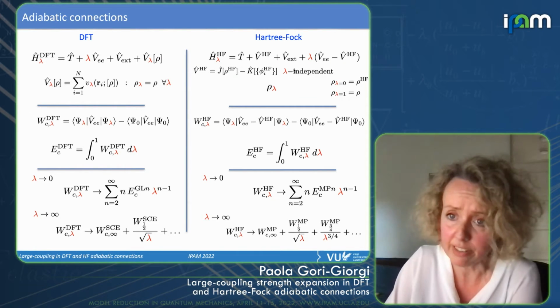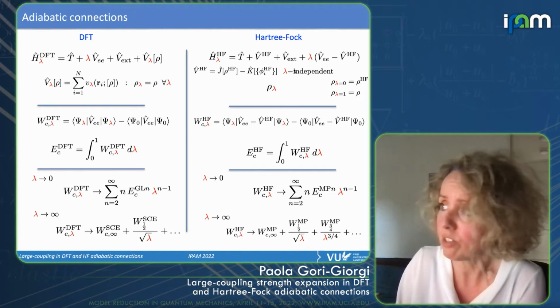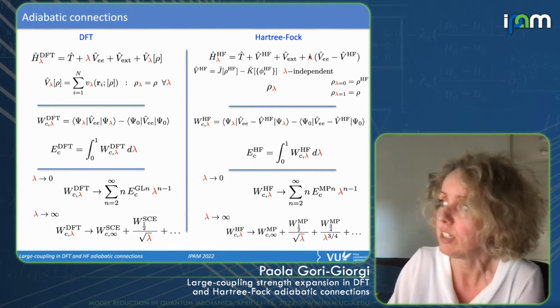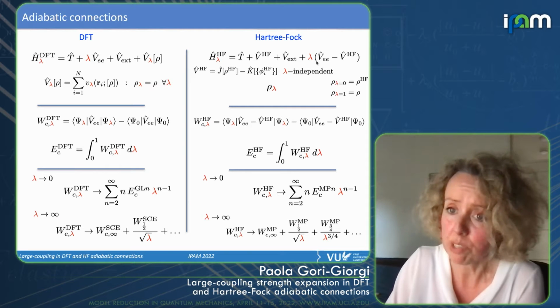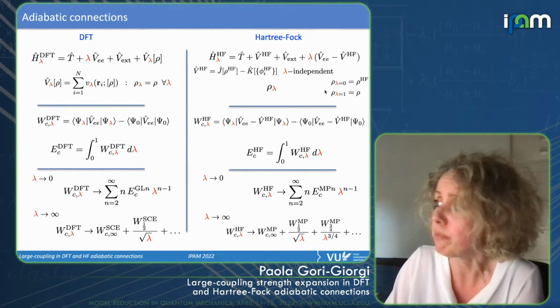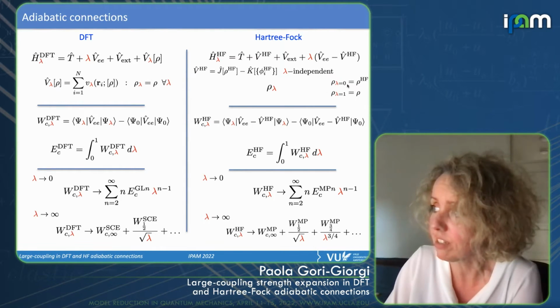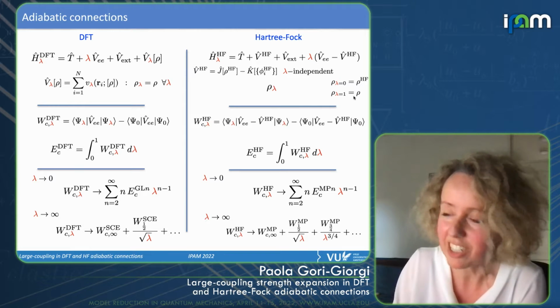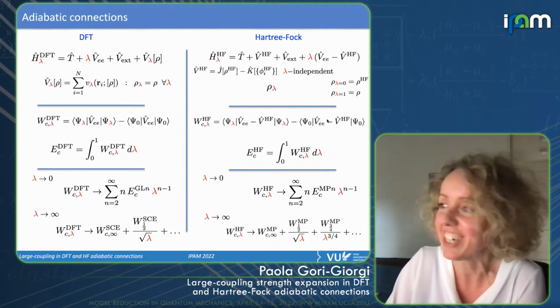But it's lambda independent. So you do your Hartree-Fock calculation once and for all, and then you add this fluctuation potential multiplied by a parameter lambda. And in this case, the one electron density will change, going from Hartree-Fock to the true one. And if you go beyond one, it will change accordingly.